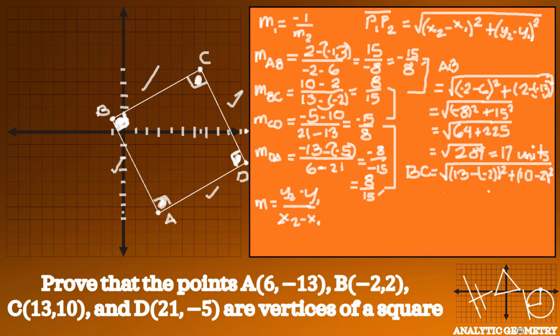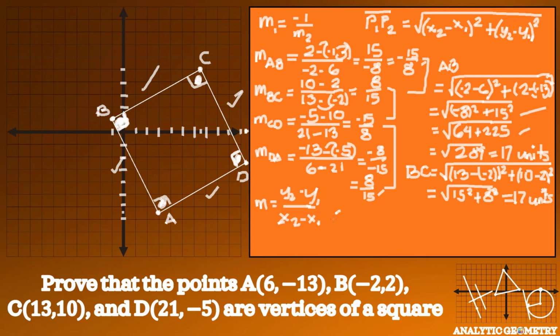You square that. You will have here the square root of 15 squared plus 8 squared. I'm not going to finish this because we have the same value here, and therefore this is also equal to 17 units. Of course, I could finish that, but since my spaces are not enough, I still have to show the other two. You can continue that on your own, but basically you will still have 225 plus 64.